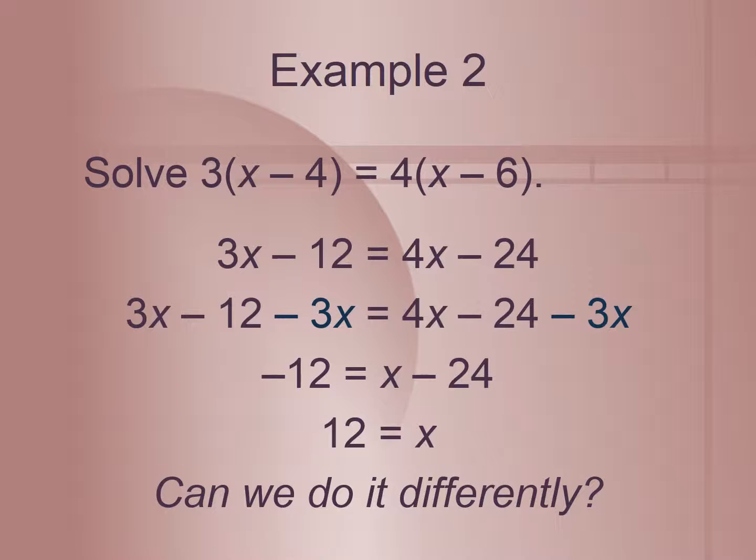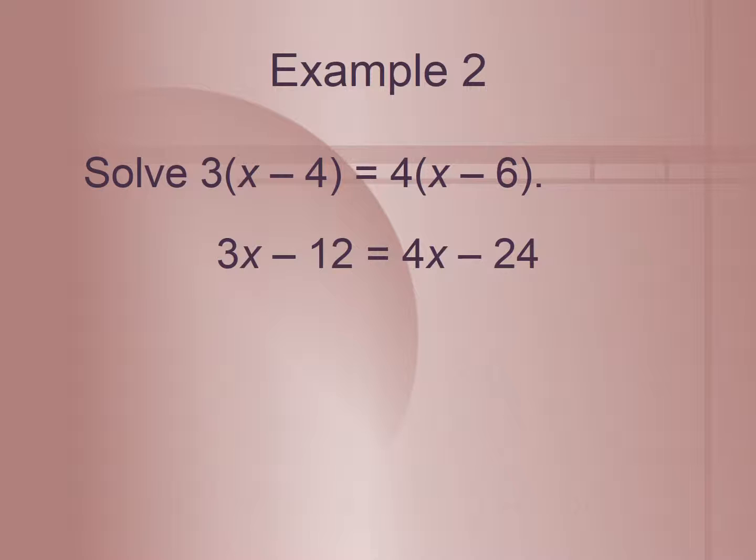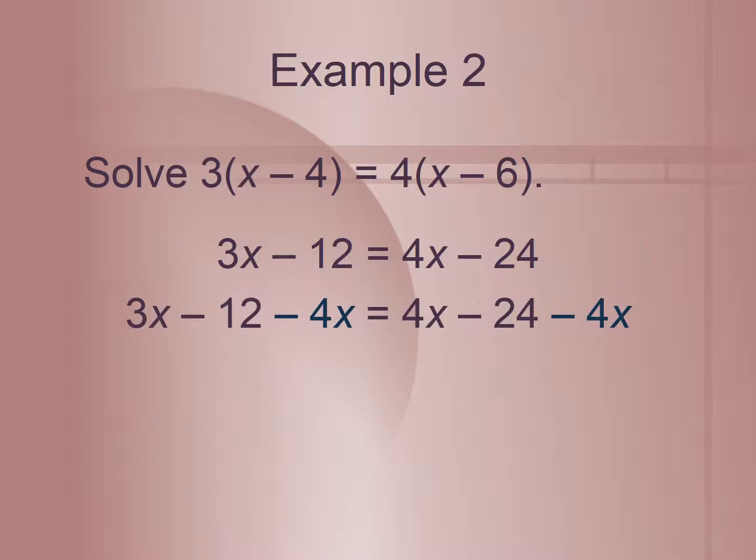Let's look at if we had done it differently. I chose to subtract 3x from both sides. Will it still work if I choose to subtract 4x from both sides instead? So we're going to subtract 4x from both sides. On the left-hand side, 3x minus 4x gives me negative x minus 12.